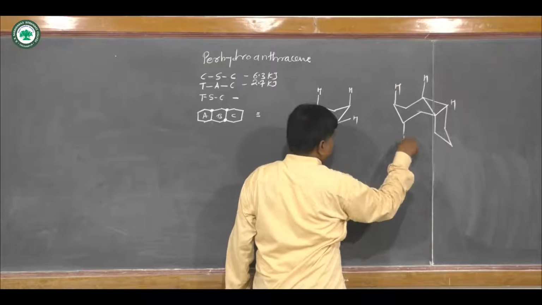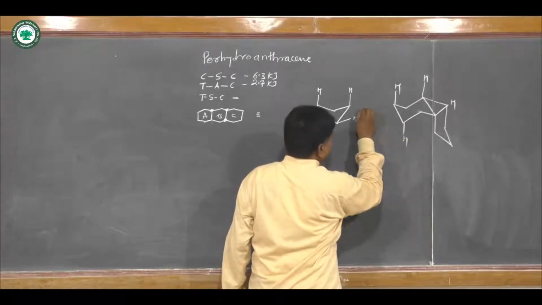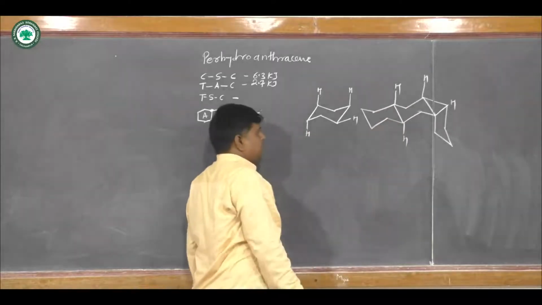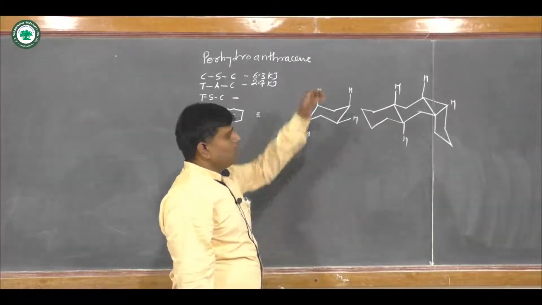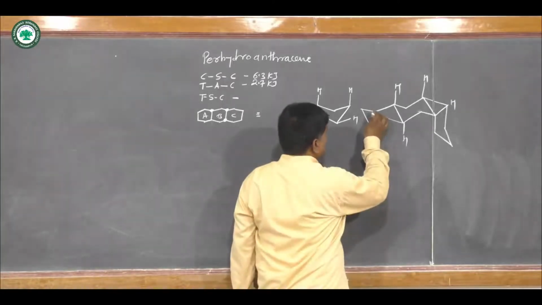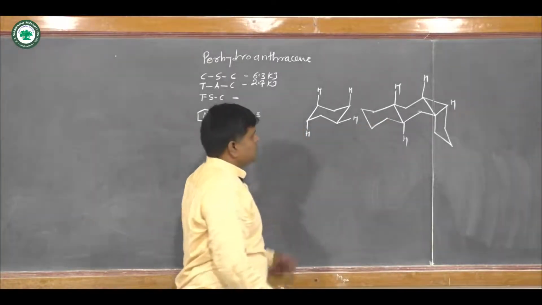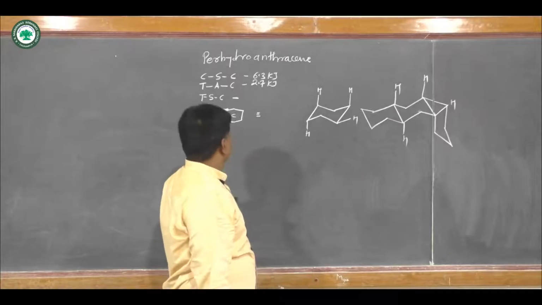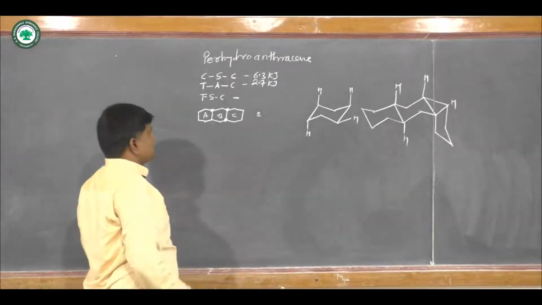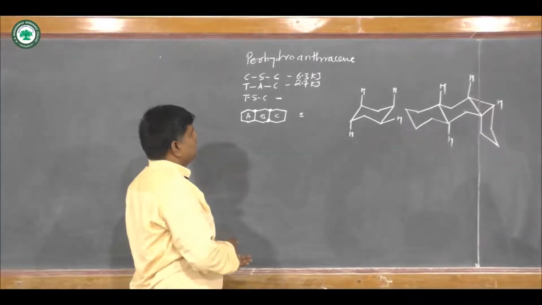So we write like this, and when we put the ring like this, you get a proper shape of all these rings in a very easy manner. So this is trans syn cis.